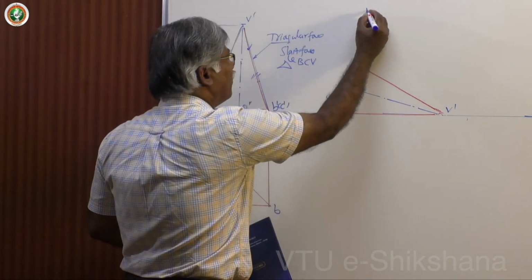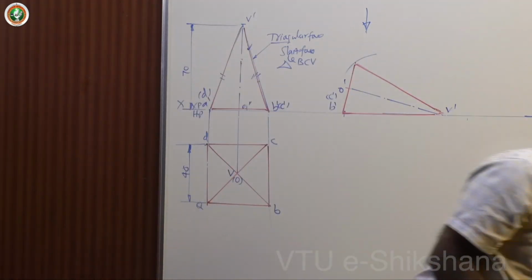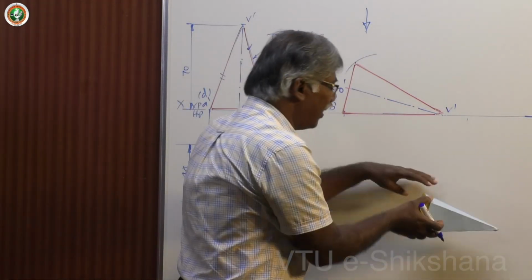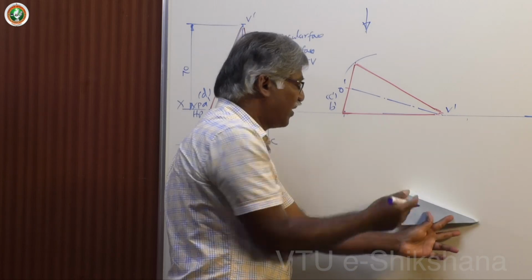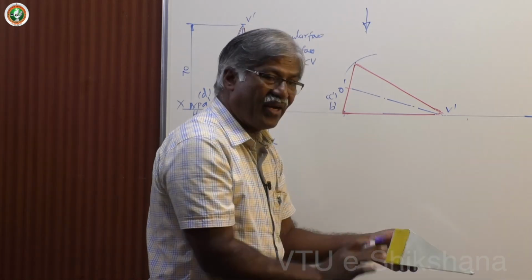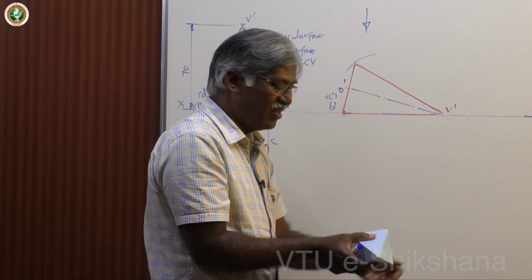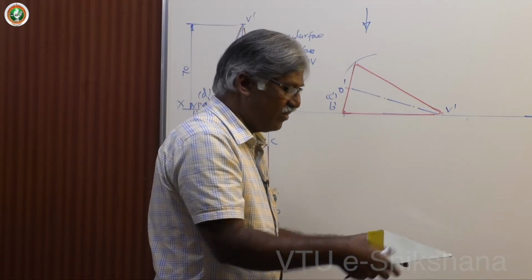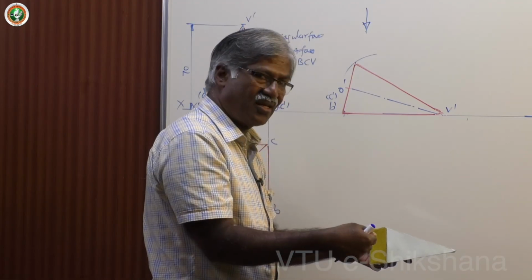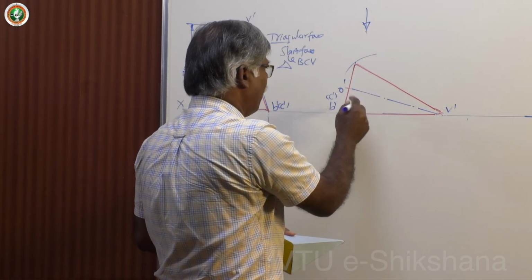Here is the observer. Now, assume that this is HP and this is the position. You cannot see the true shape, you can see only the apparent shape, a very small size of the base. Unlike this, if this is the case, you can see the base. So, definitely this base is visible, but you get the apparent shape, not the true shape.